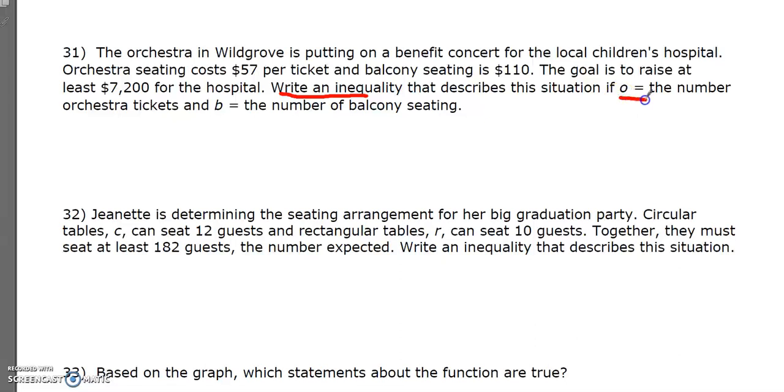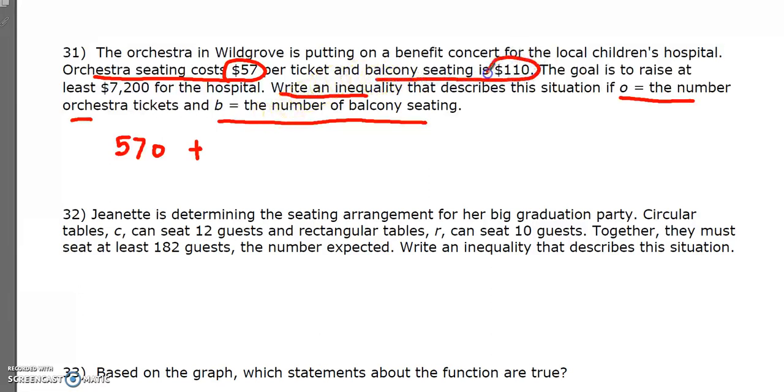So again, we're just writing an inequality. This time we're letting O be the number of orchestra seats and B the number of balcony. Okay, so if O is orchestra, how much were the orchestra seats? And it tells us right here, seating costs $57. So that means $57 times O, the number of orchestra seats, plus balcony was B, and balcony seating right here is $110.